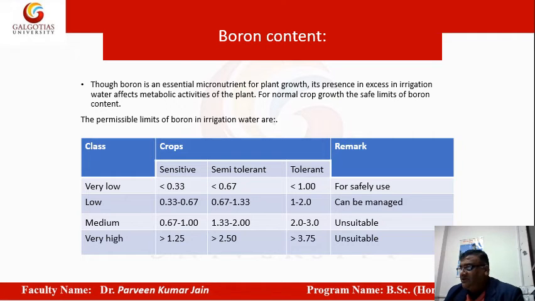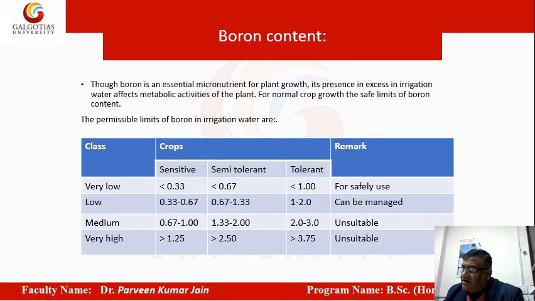Therefore, it is generally not included in modern classification systems, but it is used as a factor in some regional water classifications. Chloride is negatively charged, so it does not get fixed, but it is there, so this is also considered.